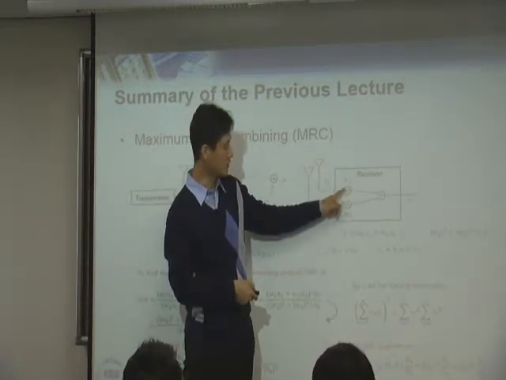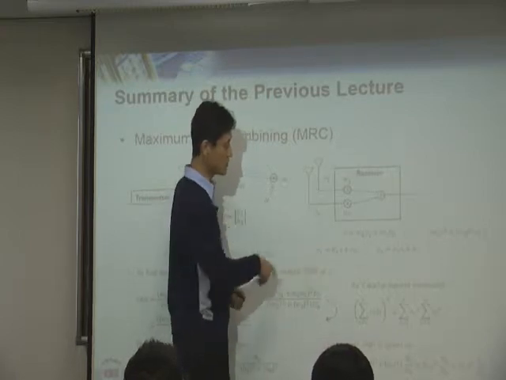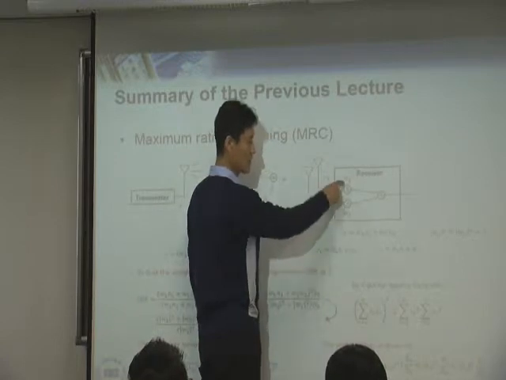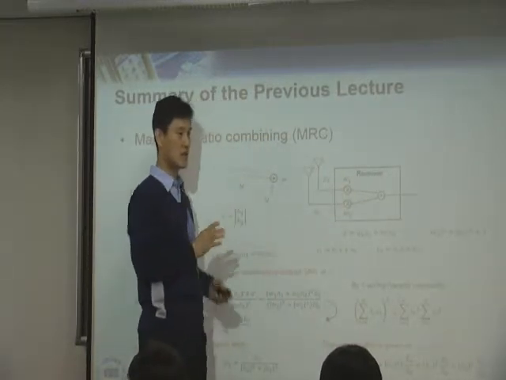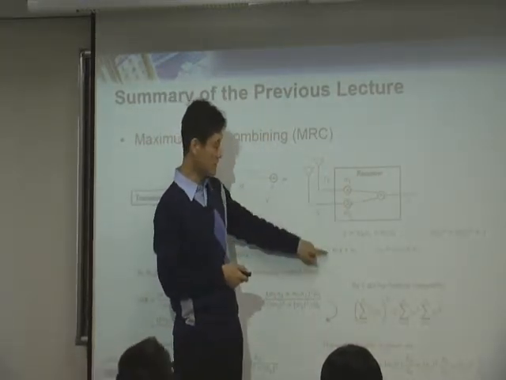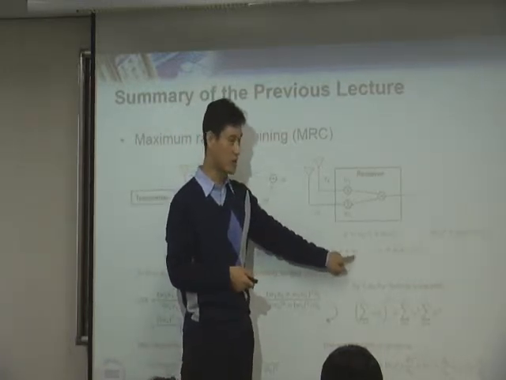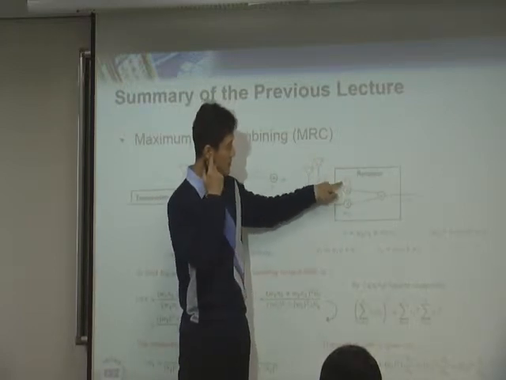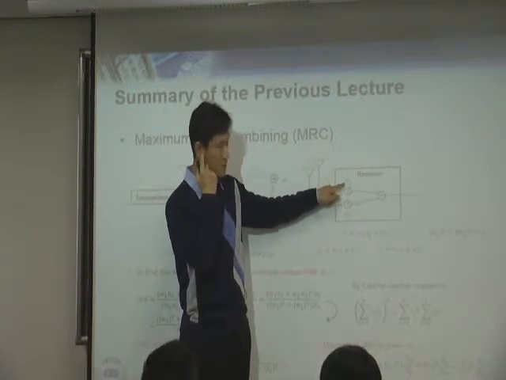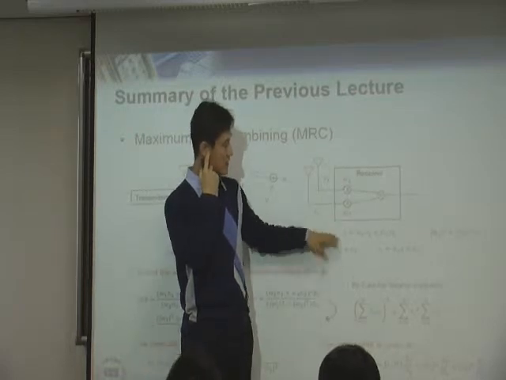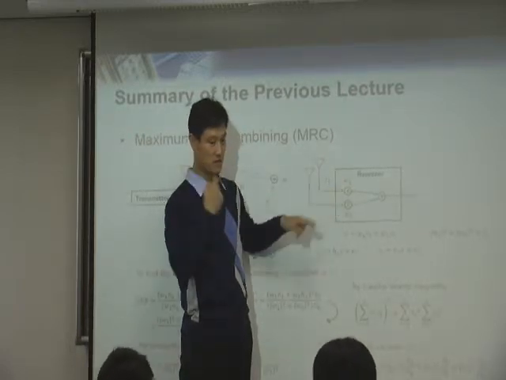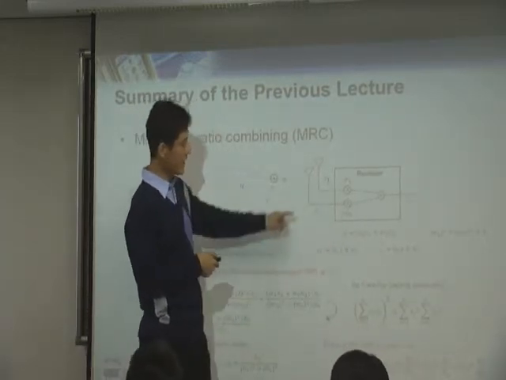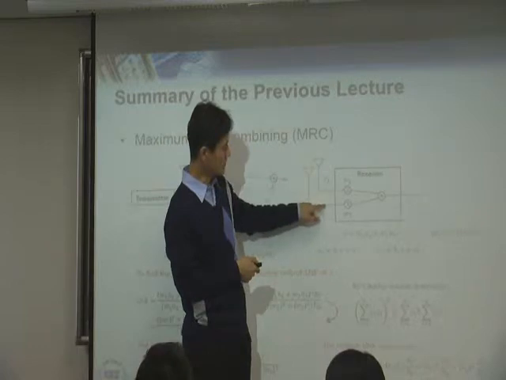So when you multiply W1 to Y1, you are amplifying the signal and you are also amplifying the noise with the same factor. SNR is the signal power divided by noise power. Both of them are amplified by W1, so the SNR for this one does not change. Same here, the SNR for this one does not change.